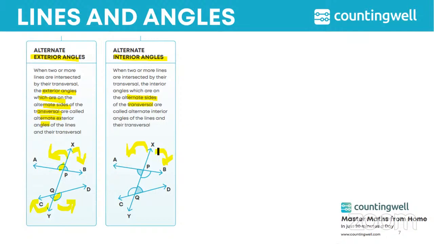When I am saying the left side and right side of the transversal, if the same transversal is in this direction, you can have one angle above this transversal and one angle below the transversal. So you can refer to the transversal as having a left side and right side, or the above side or the below side.